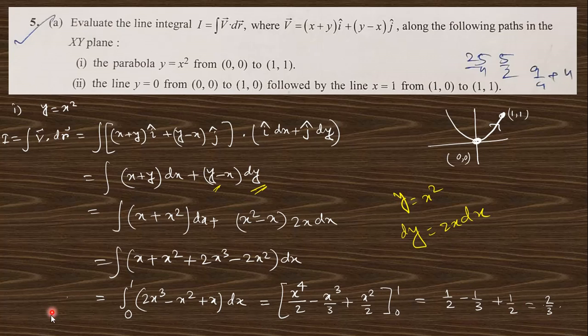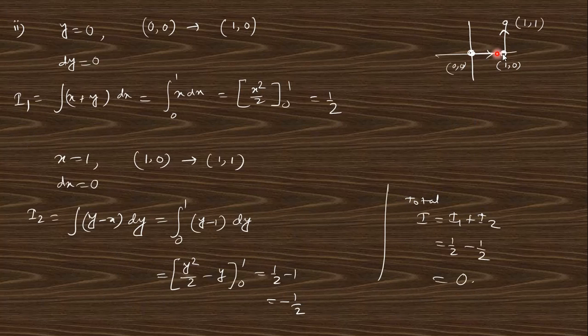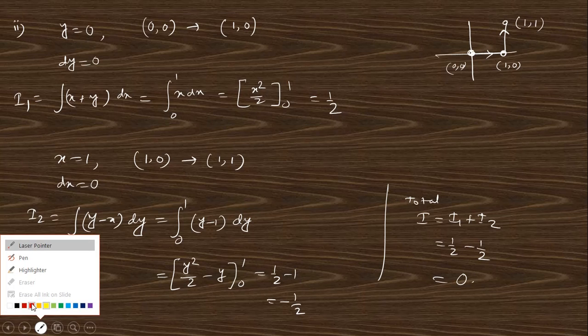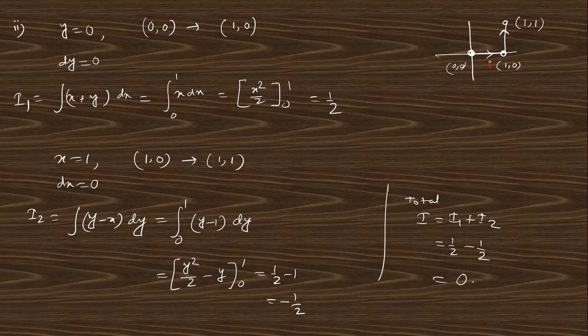Just do the calculation. Go to the next portion, where there are two straight lines. One straight line is from 0 0 to 1 0, and the other is from 1 0 to 1 1. For the first one, y equals 0, which means dy will be 0.